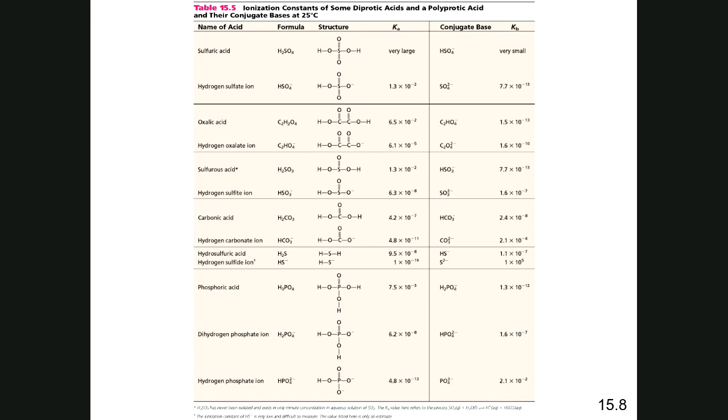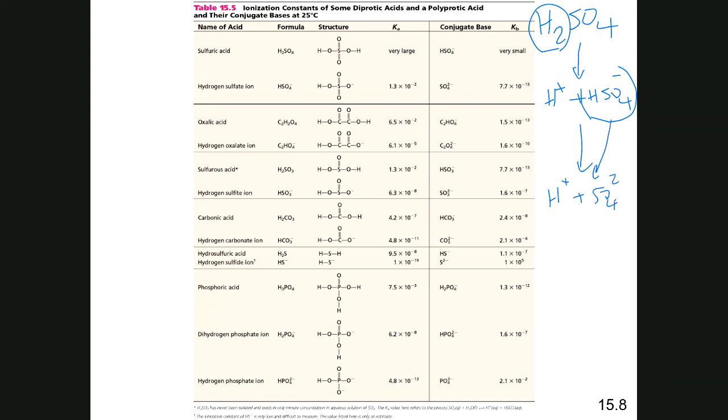If you have a diprotic acid, that means one acid molecule, H2SO4, has 2 protons. This can ionize in 2 steps. First, you're going to get H plus and HSO4 minus. Then from this you would get H plus and SO4 2 minus.